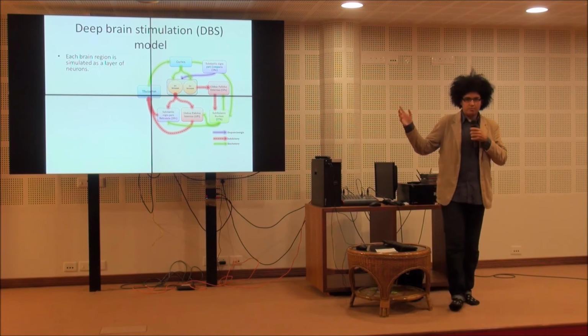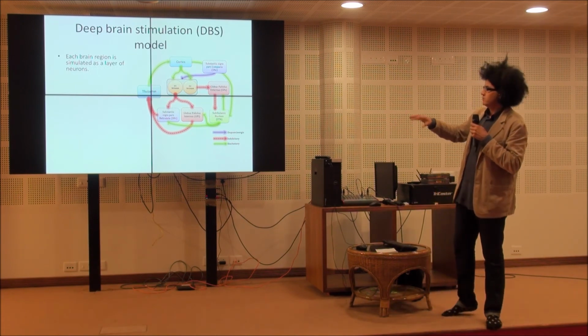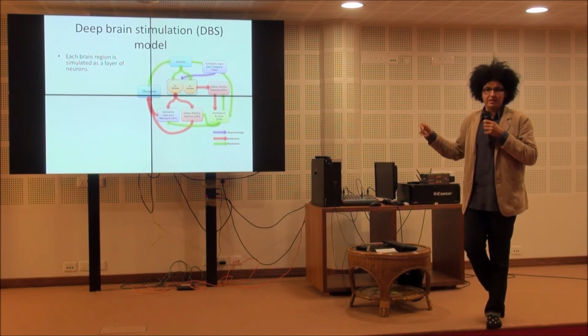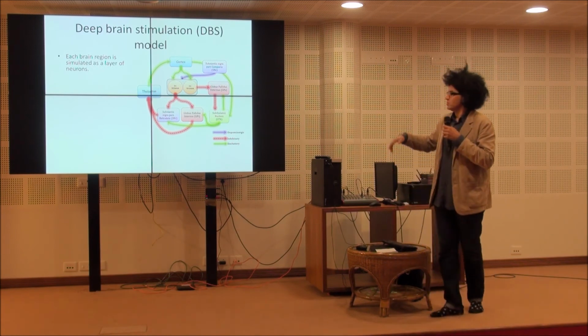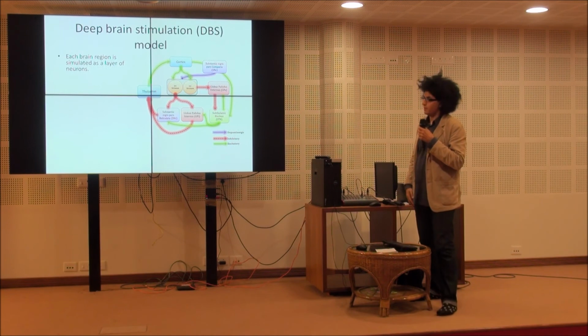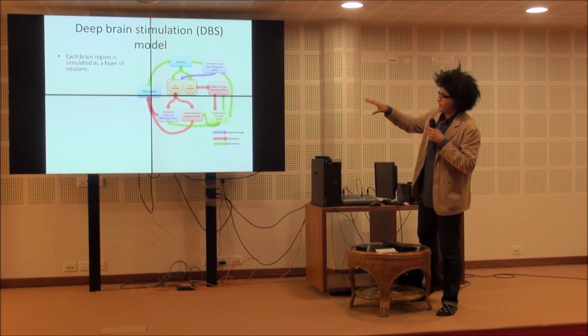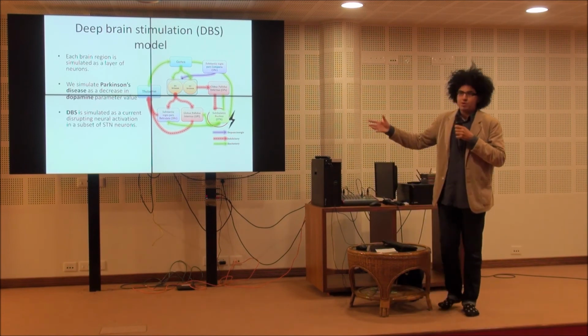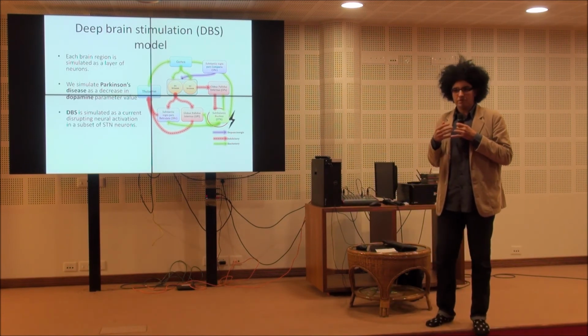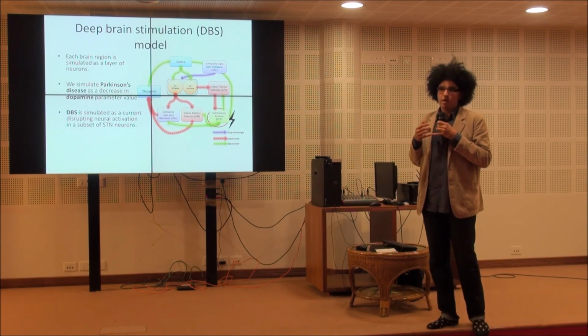So the next thing we have been working on is that we just started to build a basal ganglia model to look at exactly why. This is a schematic of the basal ganglia and the cortex interaction with the basal ganglia, and we'll try to see why applying deep brain stimulation can cause impulsivity. But not only that, what can you do?